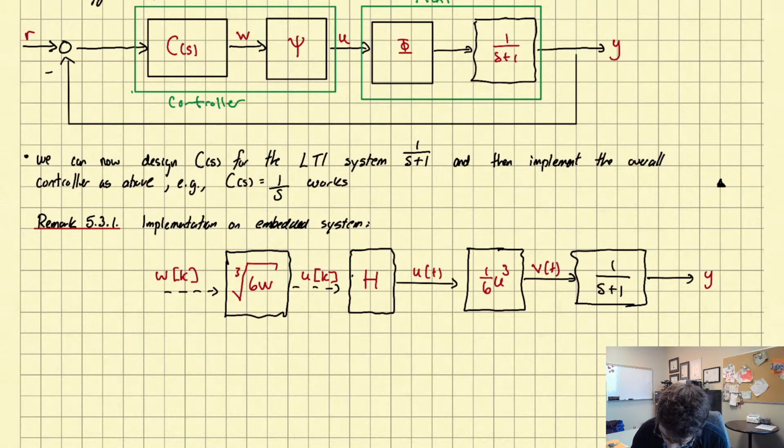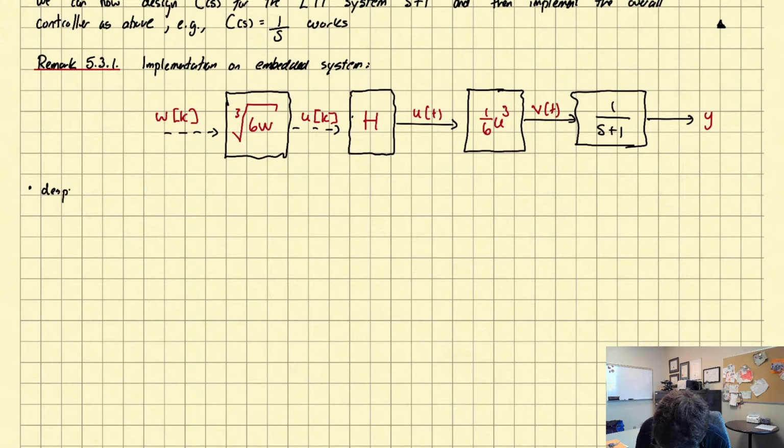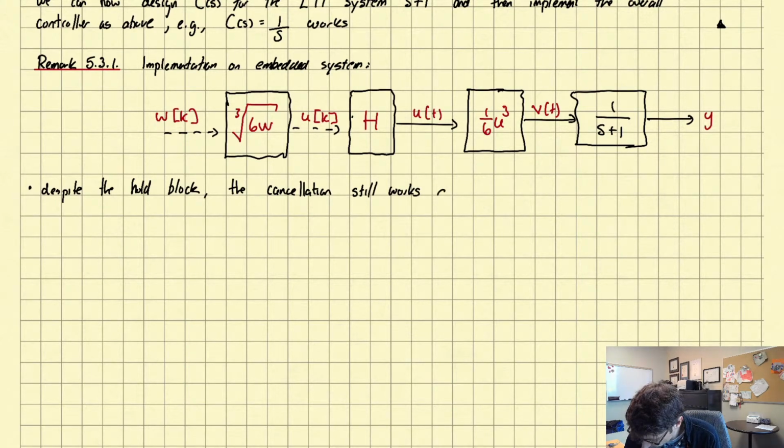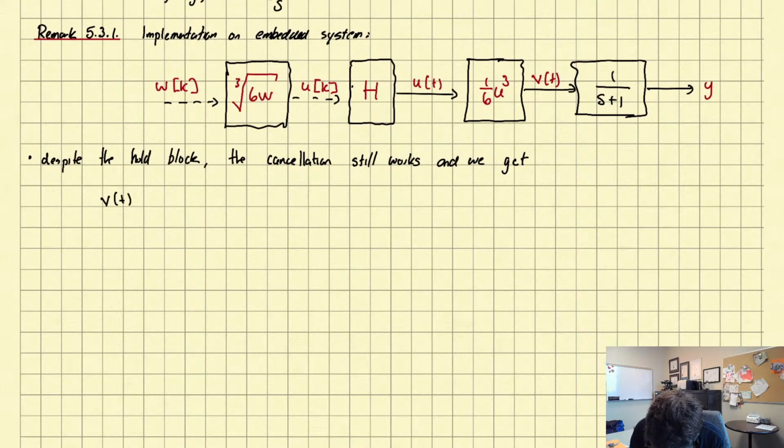Well, despite the hold block, the cancellation still works, and we get that v of t equals w of k over the hold period. And this is precisely because it was a static nonlinearity.